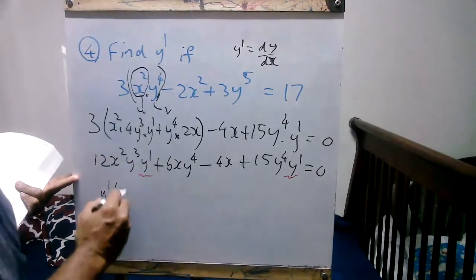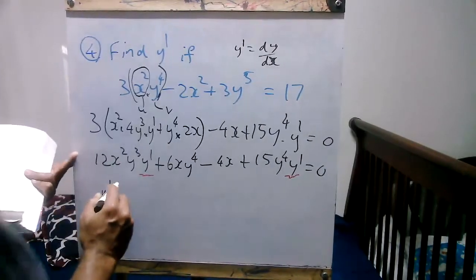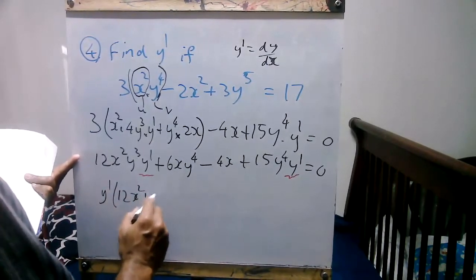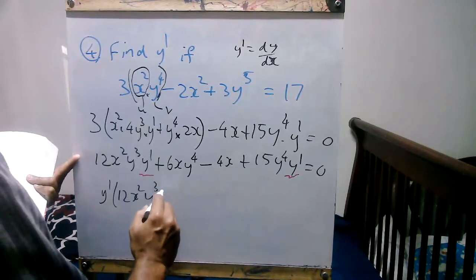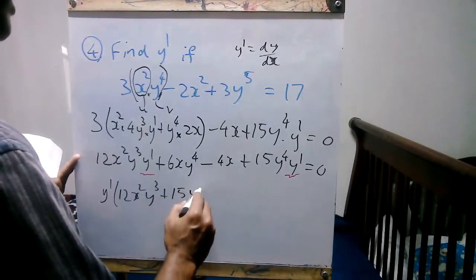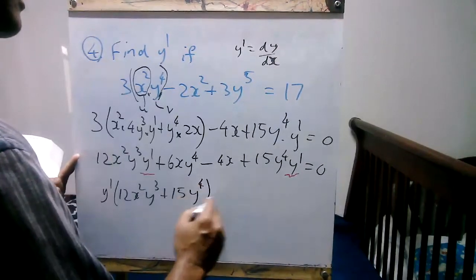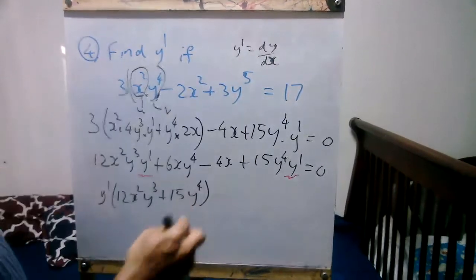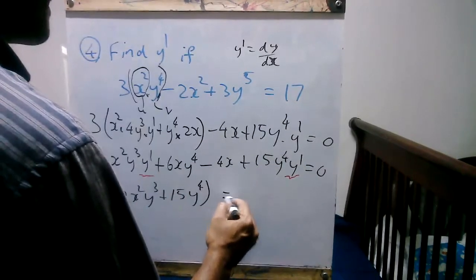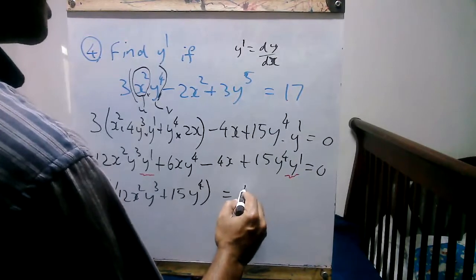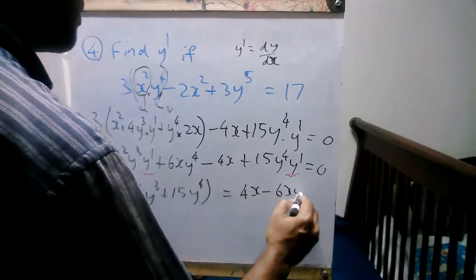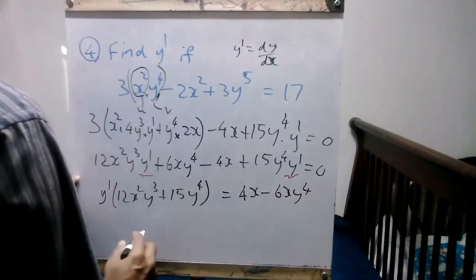Y prime times 12x squared y to the power 3 plus 15 y to the power 4. We can move these two terms to the other side, then it is 4x minus 6x y to the 4.